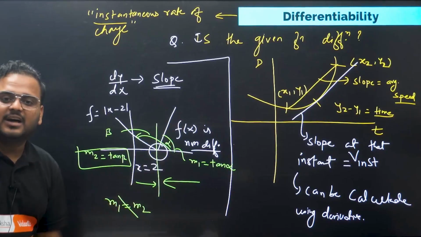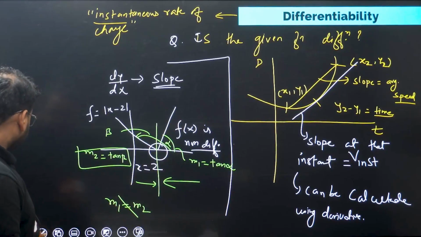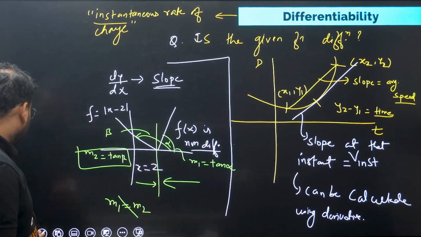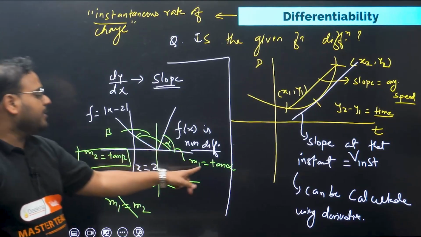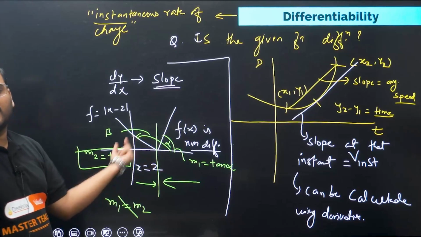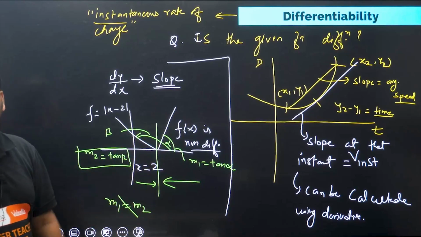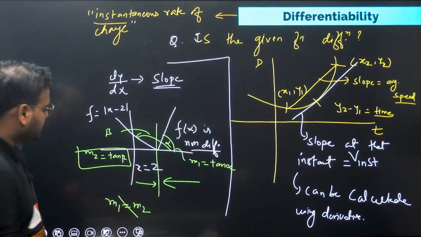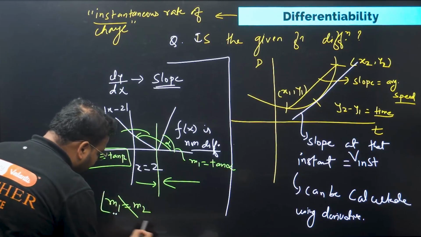So alpha is acute. So acute means tan alpha is positive, whereas tan beta is going to be negative because of the obtuse angle, second quadrant, where tan is negative. So my point here, clearly, is that this slope value can never be equal.